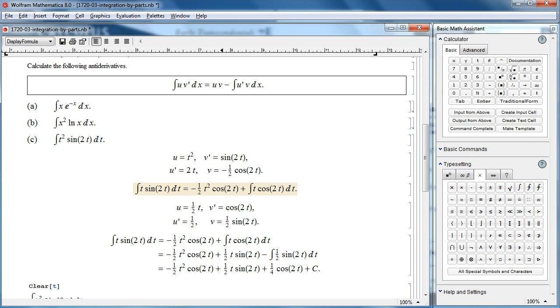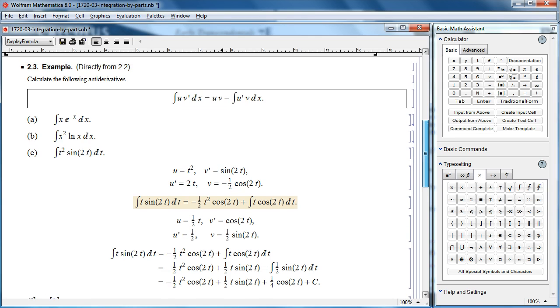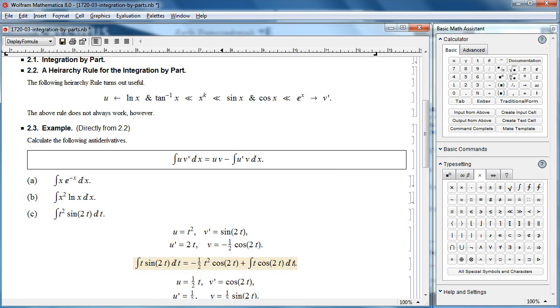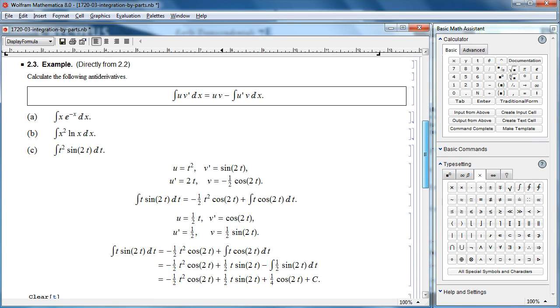But then again, this is another difficult integral, so how do we handle this? Power function times a polynomial function times cosine function. That's again coming from this hierarchy rule, this part. So we use integration by parts again for the second time.